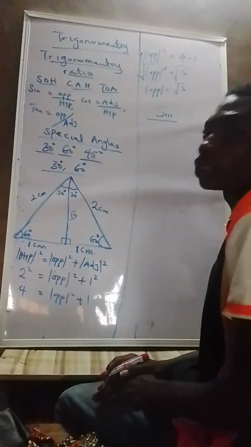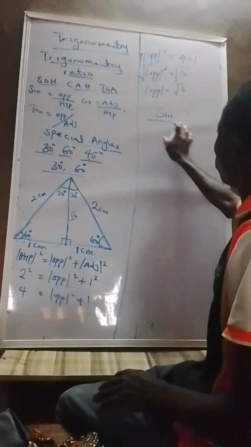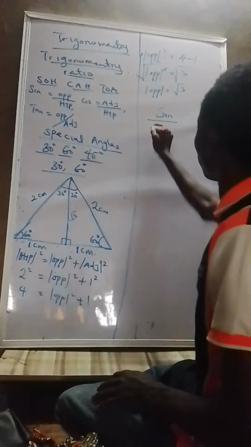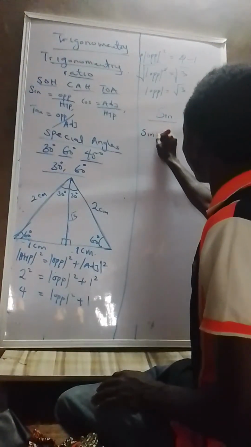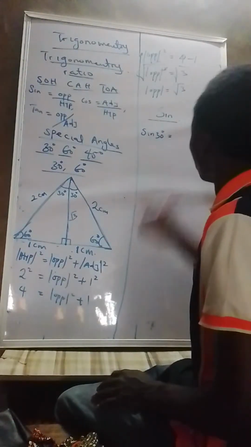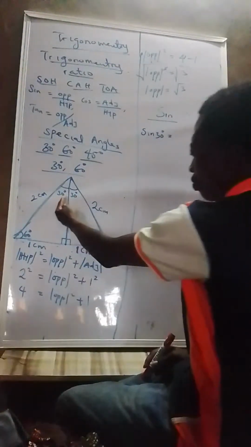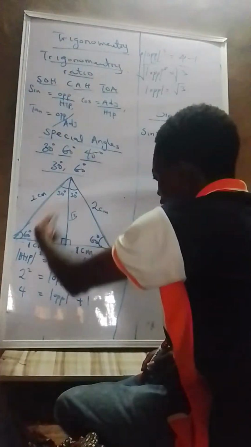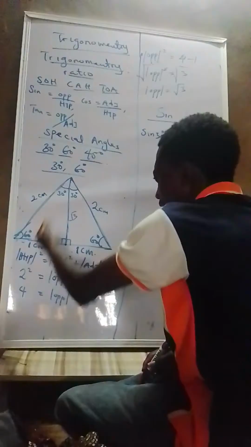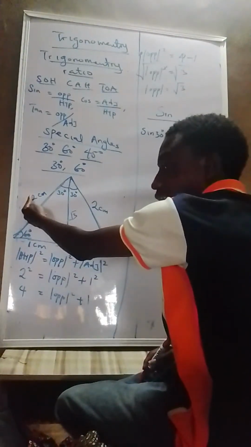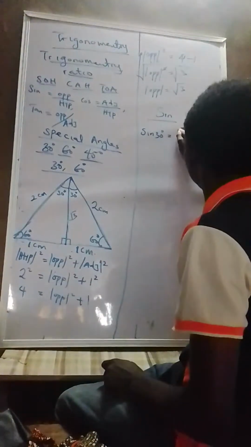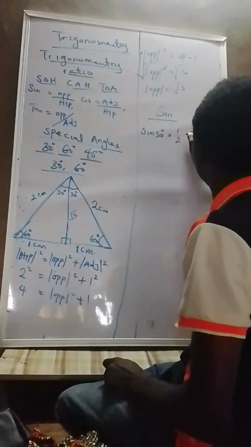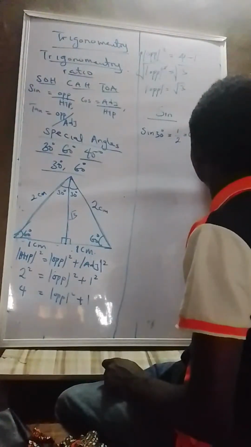The sine, we are discussing about 30 and 60. Sine 30 degrees. Now this is 30 and sine is, remember, opposite over hypotenuse. So what is facing 30 is 1. What is the hypotenuse? That's 2. So sine 30 will be 1 over 2, which is 0.5.